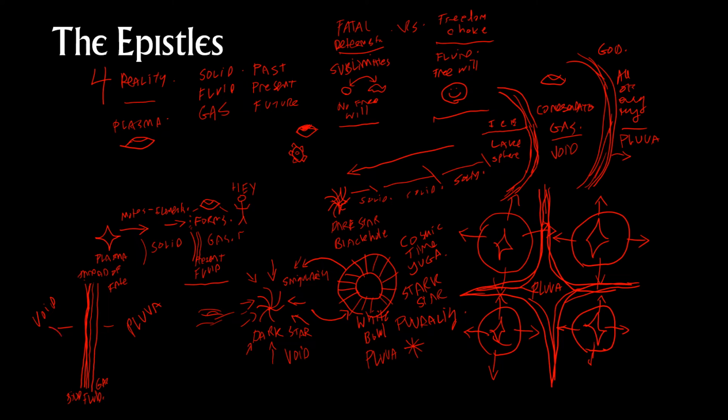The void is constantly annihilating everything and then exploding and creating another thread, right? And then the same with Pluva, it is constantly creating until eventually it is buried beneath its weight of creation, and it collapses, and then it annihilates as well.